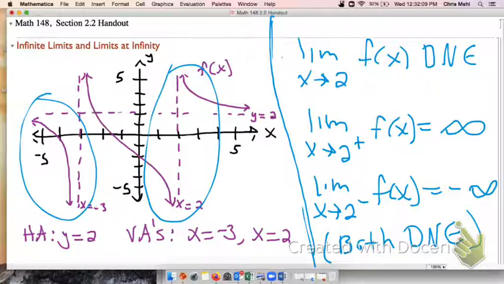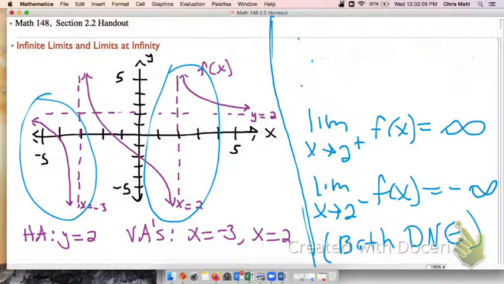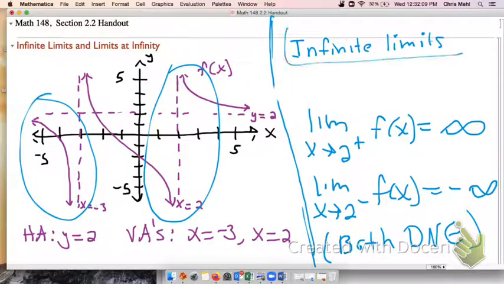If a limit ever happens to equal infinity, these are what I'm calling infinite limits. And that's a graphical example of what a limit at infinity is.